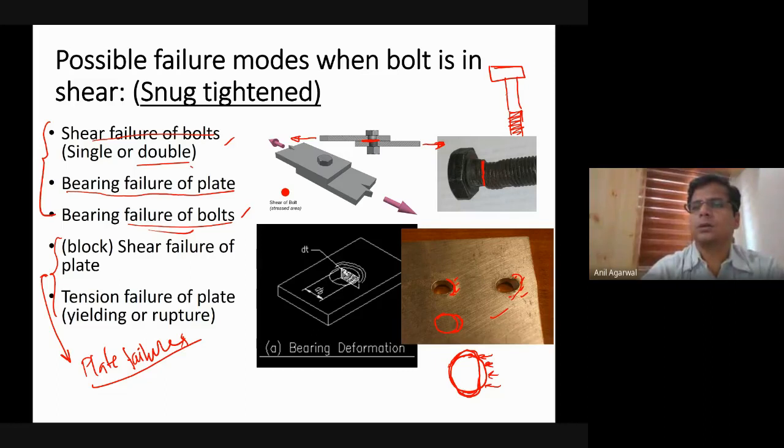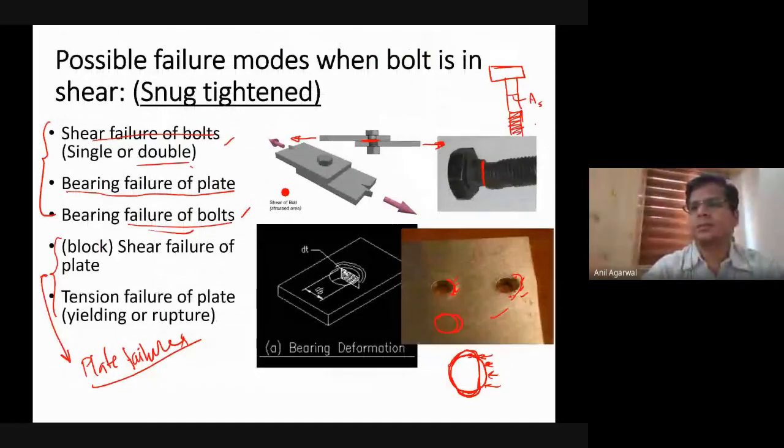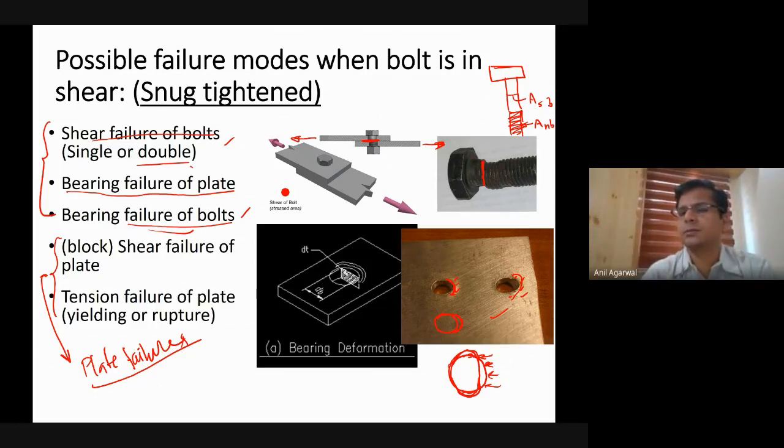The net cross section in the shank area is called ASB, and the reduced threaded cross section area will be ANB, that is A net B. Depending on whether that shear plane lies in the shank area or in the threaded area, that cross section area, whichever it is, will play a role. That is very good. So that is first the geometric property.